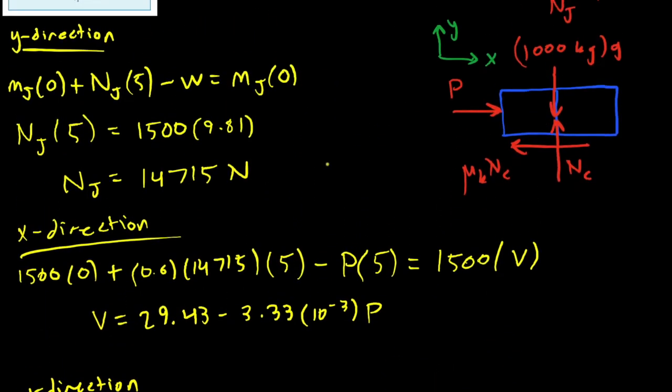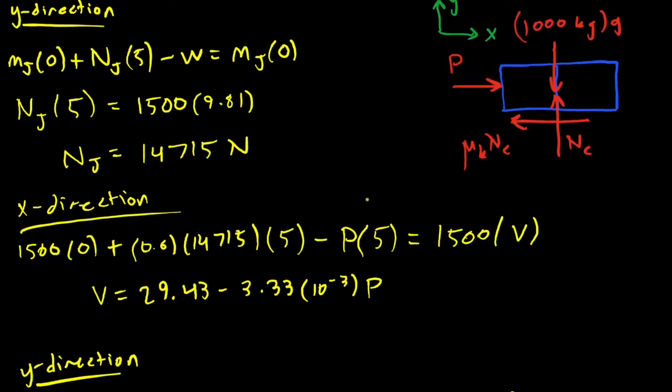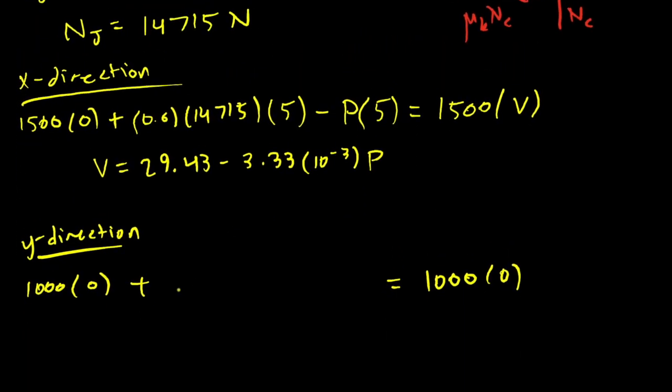We're again looking at the terms with force times time, and we have the force P and also the force due to friction. P is pointing in the positive x direction, so we'll say P times 5. Sorry, I was looking at the horizontal. This is supposed to be the y direction.